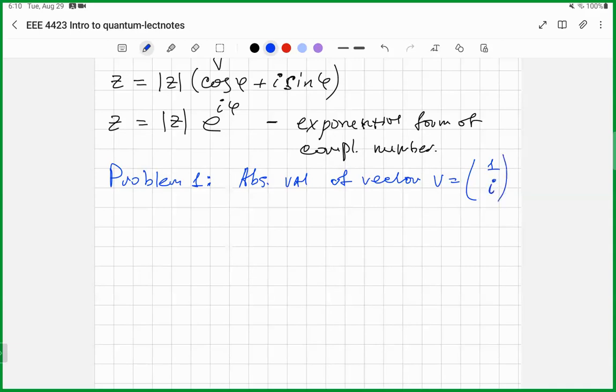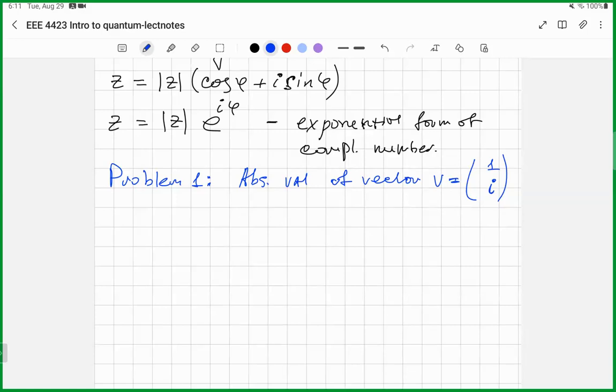I specifically consider a complex valued vector because, as I believe in your homework, you have these complex vectors. So it's going to be good practice for you before you accomplish your homework.